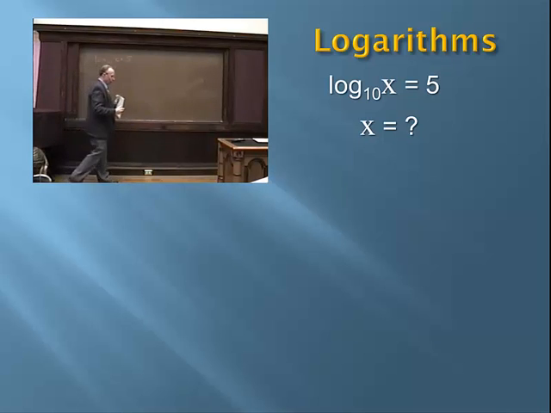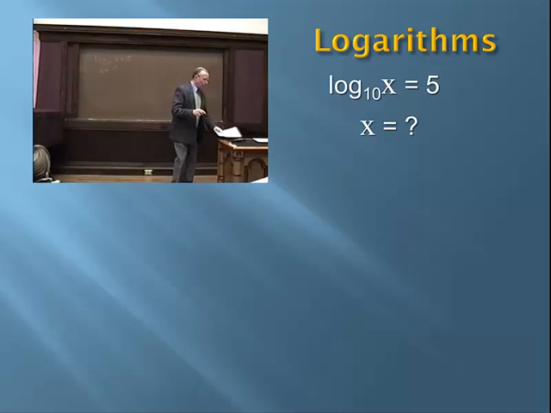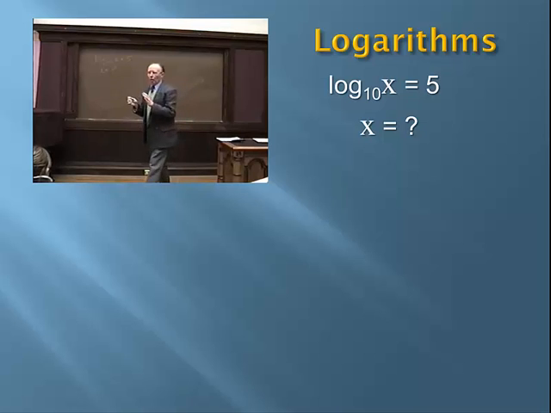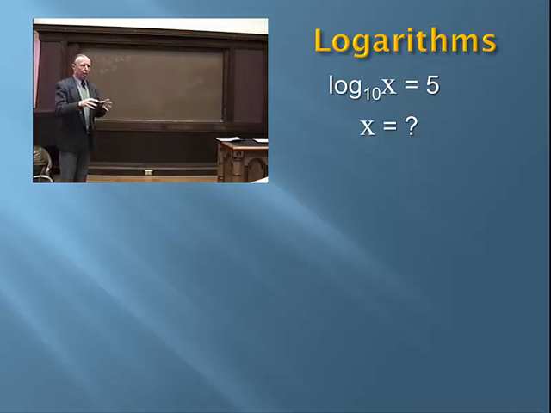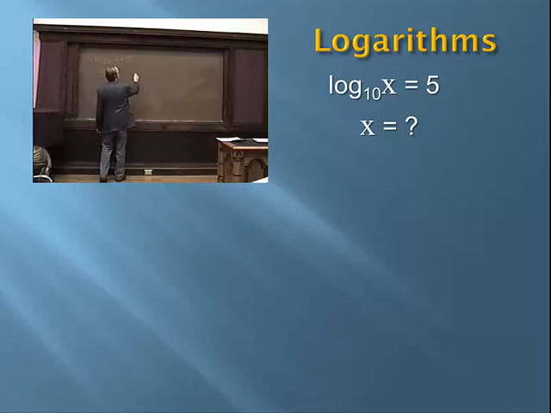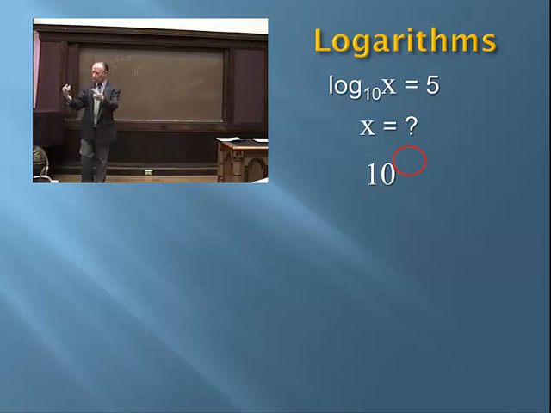Well, let's review for ourselves what a logarithm is. A logarithm is simply a different way of writing a number. A logarithm is the exponent to which 10 has to be raised in order to give you the number of interest.